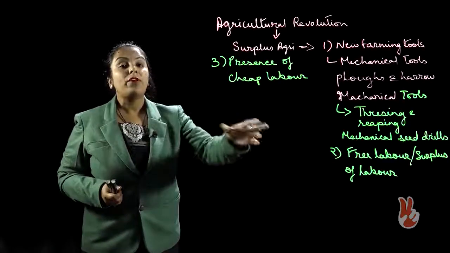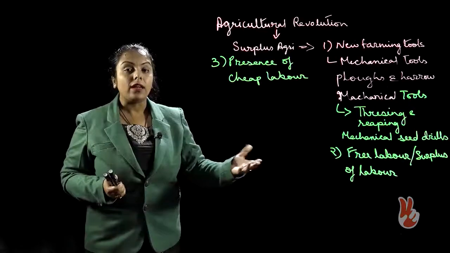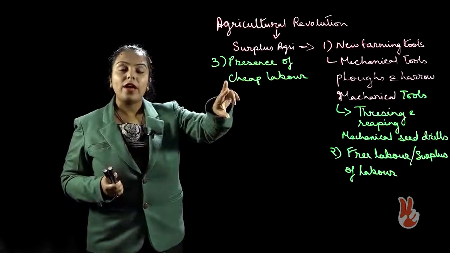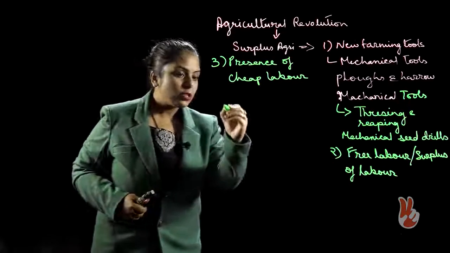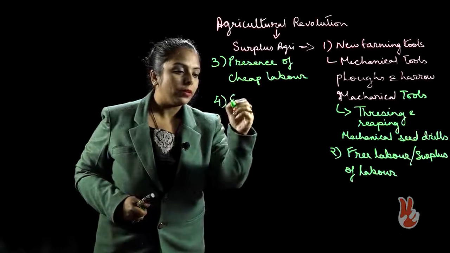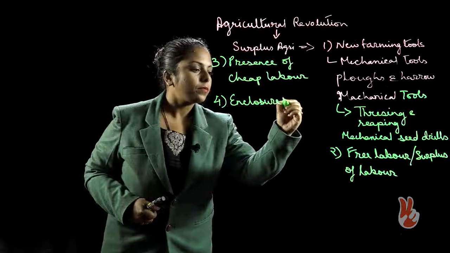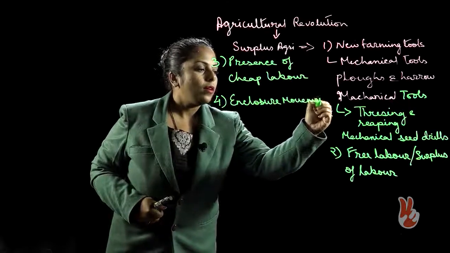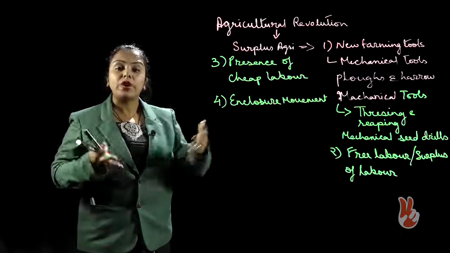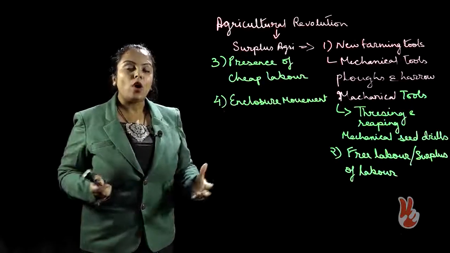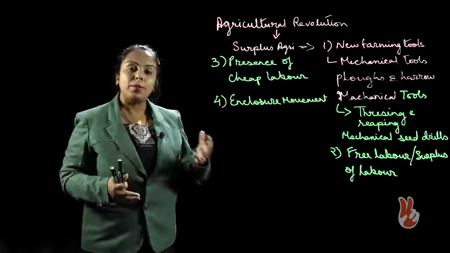But this cheap labor was also used by bigger landlords on their land. So it is associated with another movement, known as the Enclosure Movement. In the 18th century, because of the presence of such free labor, the big landlords started coming up with plans with the parliamentarians.